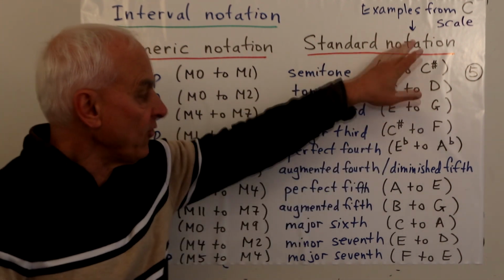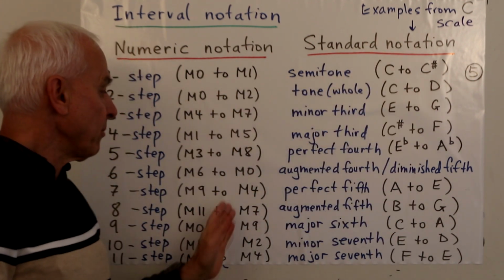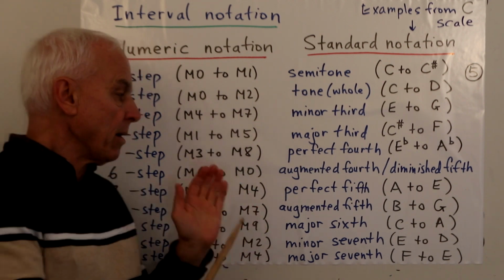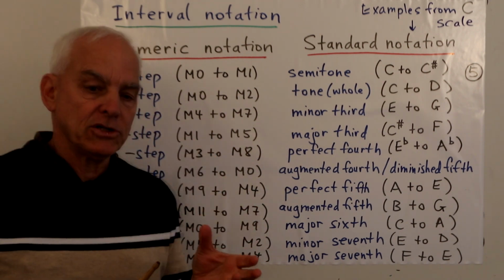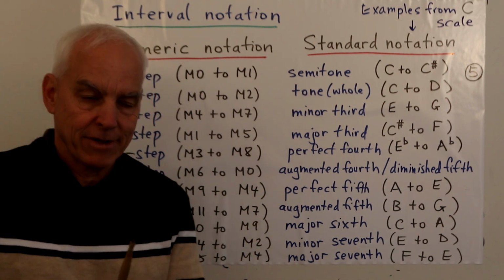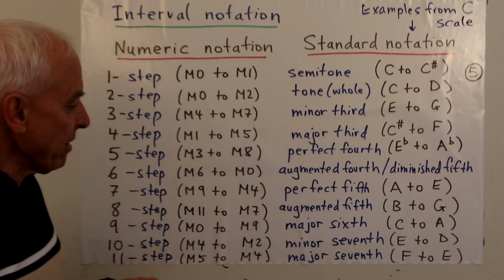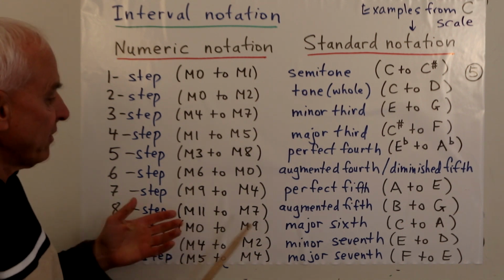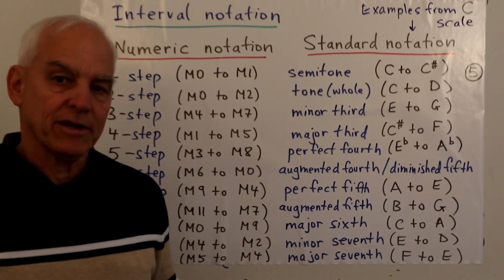This is all based on C in these examples, but in principle you could apply this framework quite easily to any scale or any tonic choice. So, something to think about: the relative merits of these two systems.